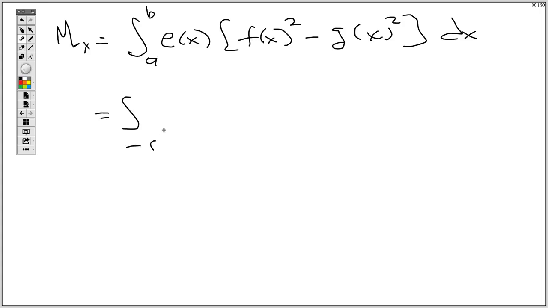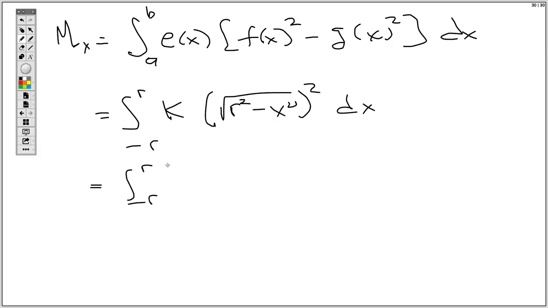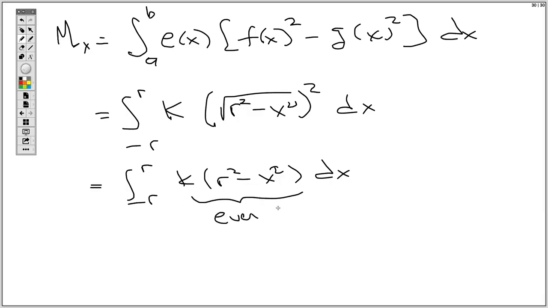So in our particular case, we're integrating from negative r to r. The density here is a constant. The f of x squared, well, that's really going to help us out. That's going to square that square root away. Now what we can note about this is that this is an even function. Right? It's an even function. And when you integrate even functions, you can just integrate half and then double your answer.